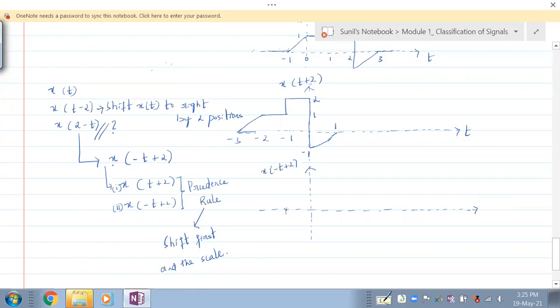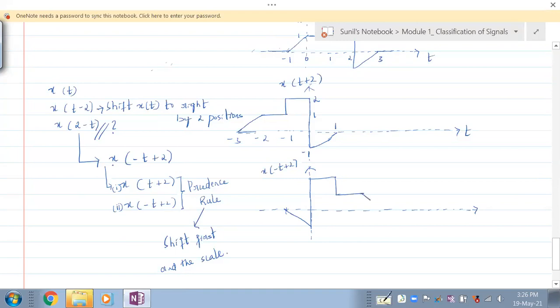So from -1, we'll be having this. So this will go till 2 from -1. Then you have this till 1. Then it will come down like this. Then it will go one position like this.